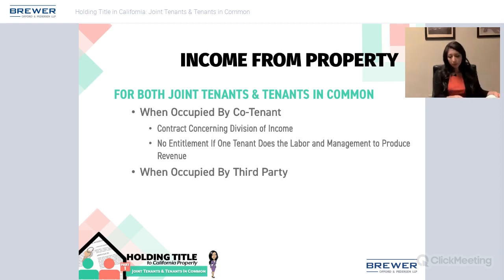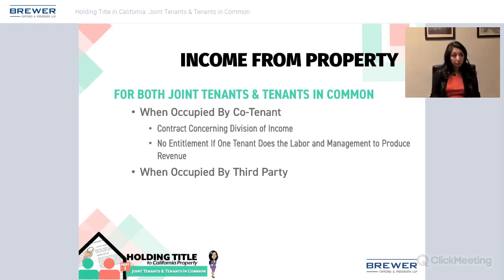Okay. So now we have the income. For both joint tenants and tenants in common, when the property is occupied by the co-tenant themselves, there needs to be a contract concerning the division of income. So say Jane and Wendy own a property, regardless, tenants in common or JT.